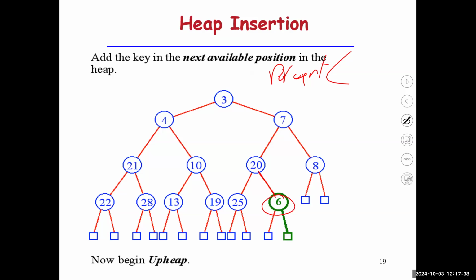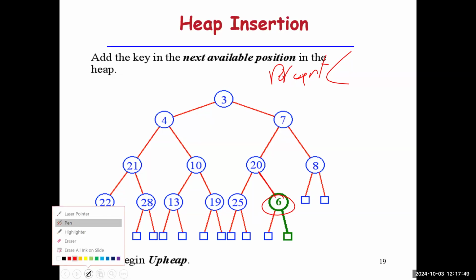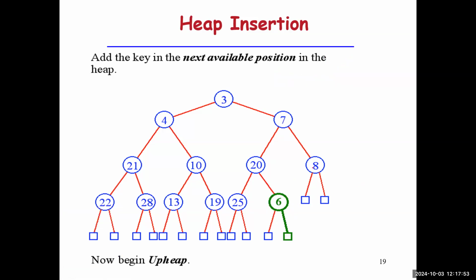Why is it placed on 20 instead of 8? Very good question. Look at this. Is 6 connected to 8? It's not. We said in a binary tree, the parent is what has left and right. That's the only thing.